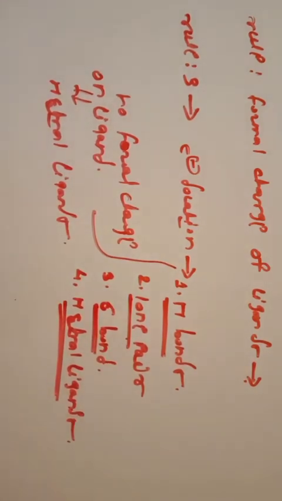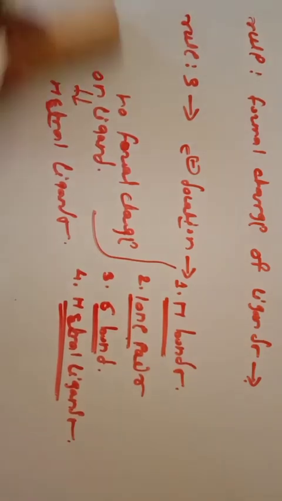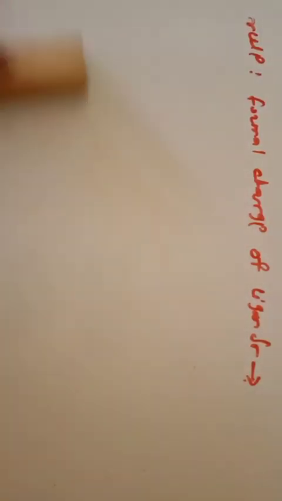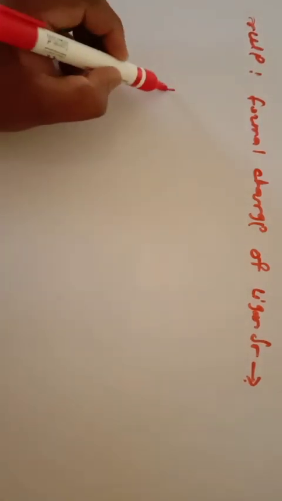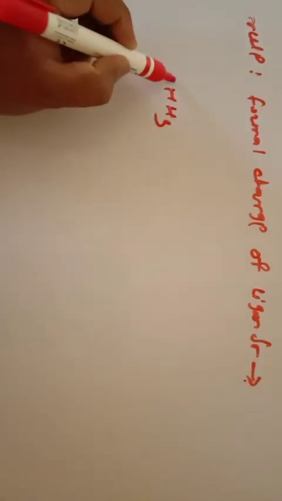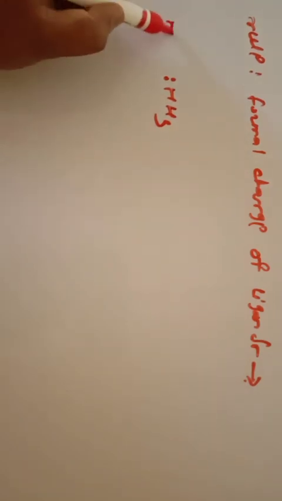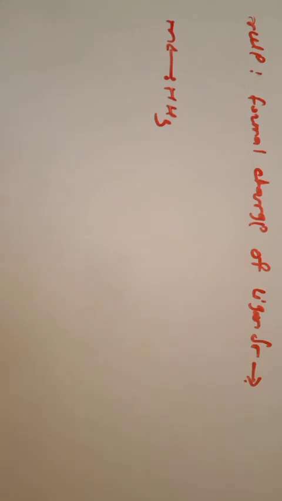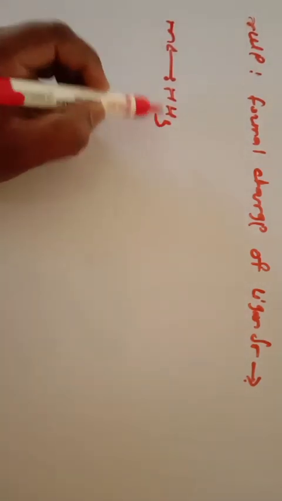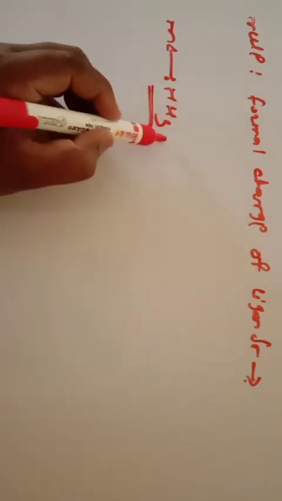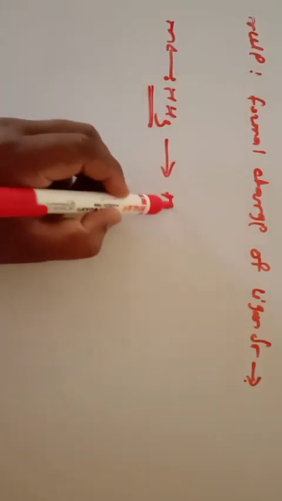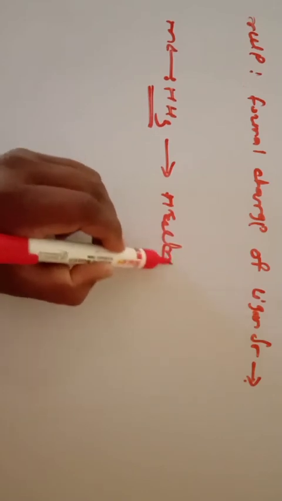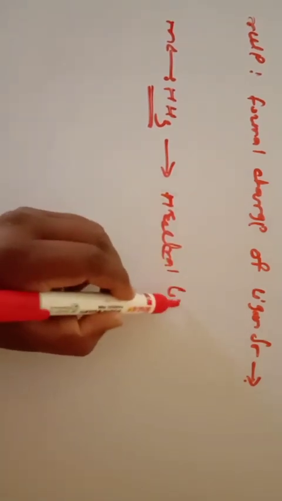For example, let us discuss some examples of this rule three. The first example is ammonia, NH3. Ammonia has a lone pair, so it will donate its electrons to the metal atom. Whenever the electron donation is from a lone pair, the ligand does not have any charge. Therefore, ammonia is a neutral ligand.